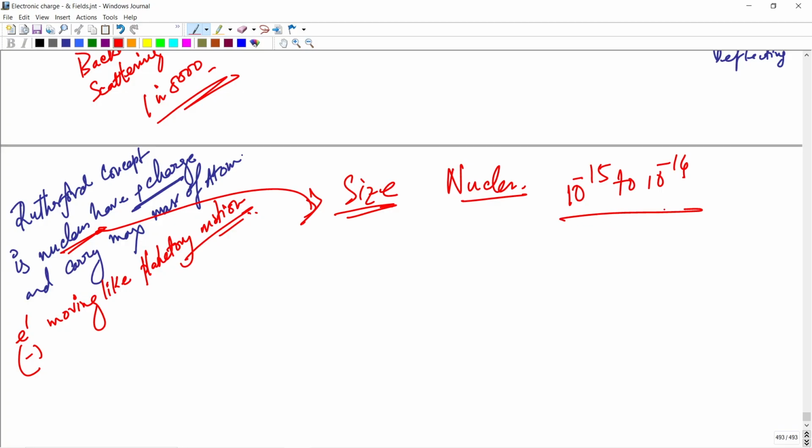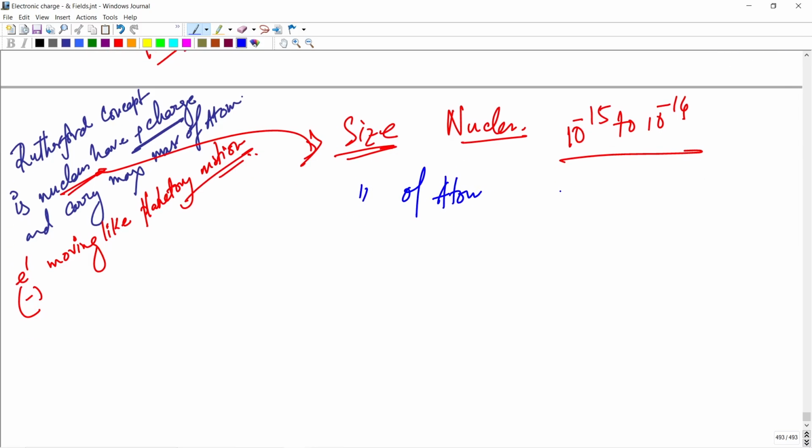The size of the atom is obviously bigger than the nucleus, suppose 10 to the power minus 10. It is very much more than the nucleus, but still very small. So the atom is 10,000 or 1 lakh times larger than the nucleus.